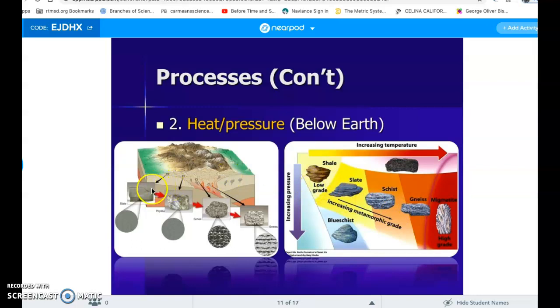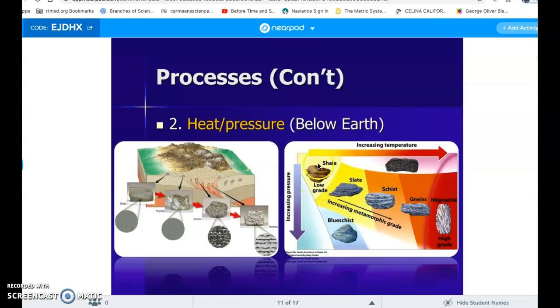Right? So here what you can see is these are showing you tectonic plates that make up the Earth's crust. These are plates here, and as they move, they smush together, and there's all this heat being released and all this pressure, and it's causing this rock to change.